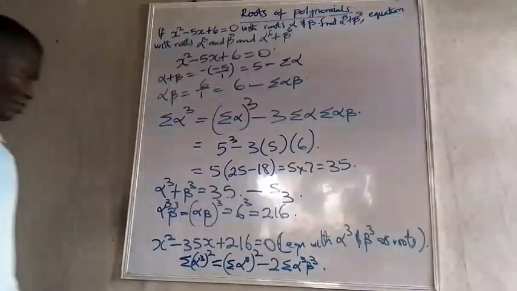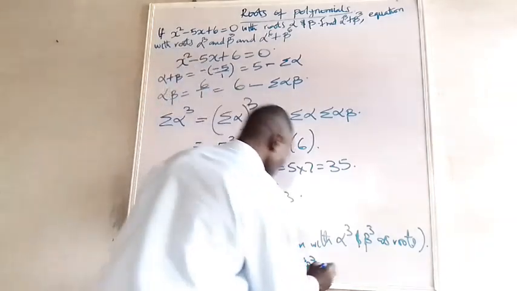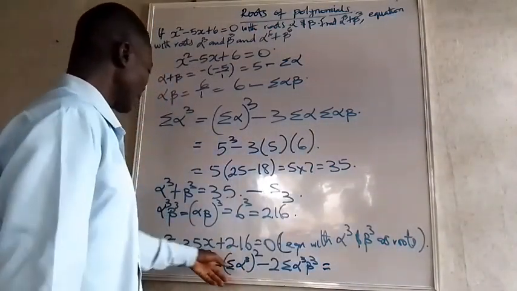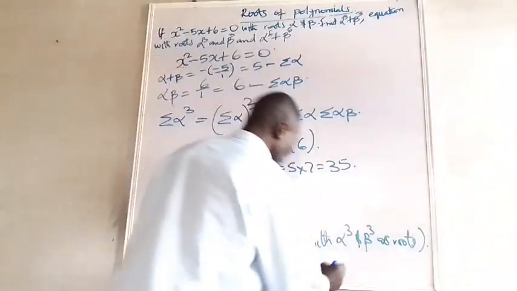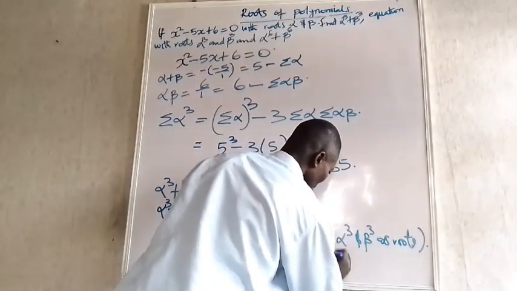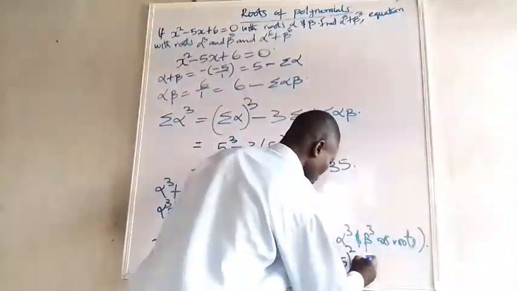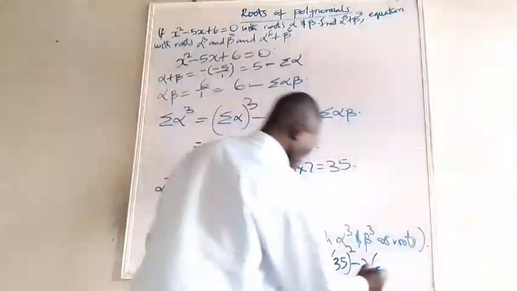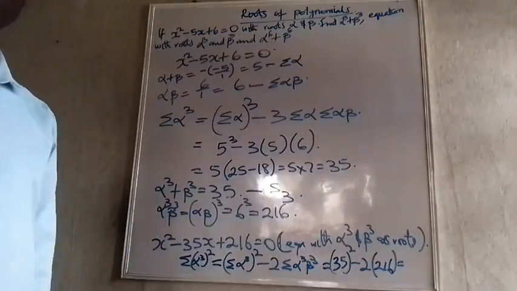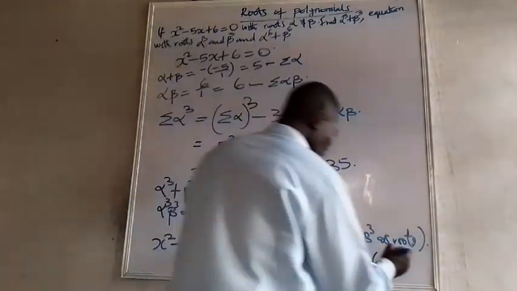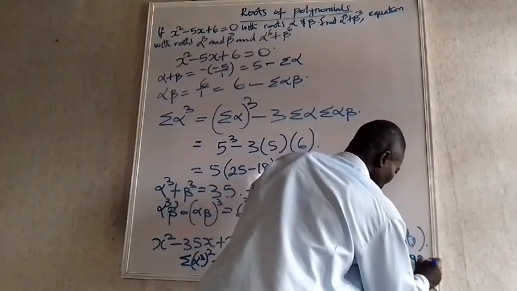Very interesting. So this is going to be minus 35 over 1, that's 35 squared, minus 2 into 216. That's what the answer will be. That gives me 793.